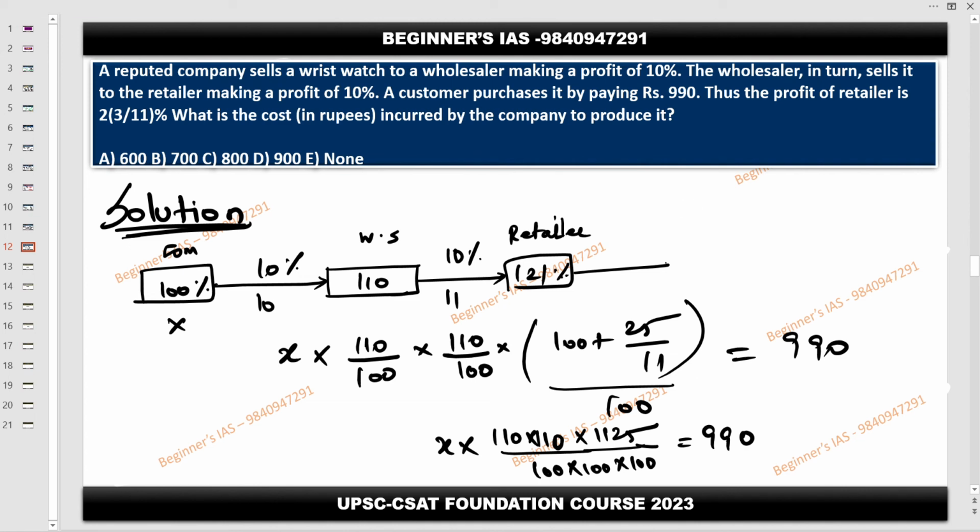Then the zeros cancel. Wait, I will cancel here. 10 I will cancel here.